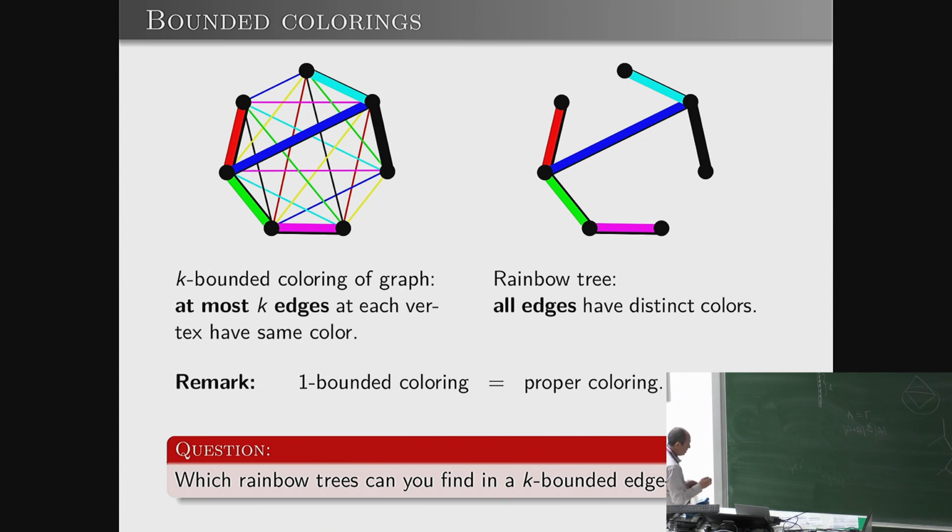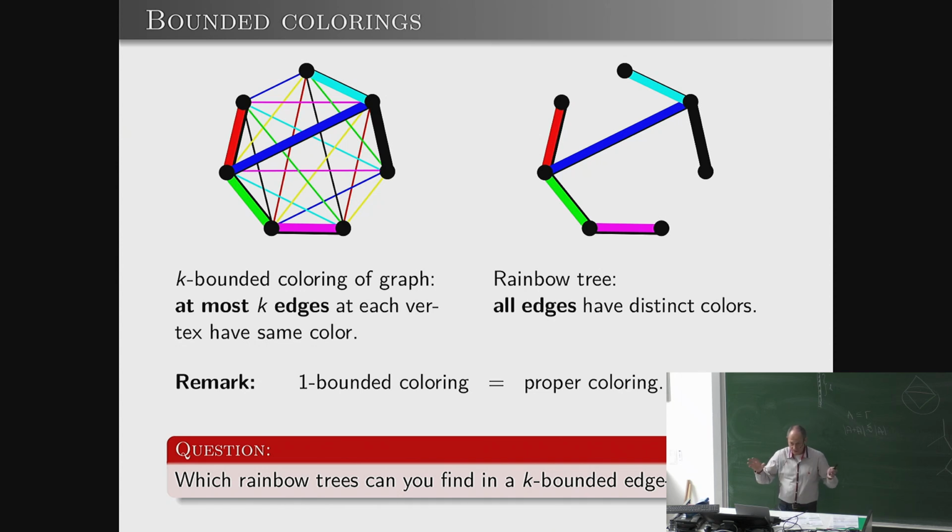The first motivation comes from the area of graph labeling. What is graph labeling? You have a graph and a group, and a labeling scheme means assigning to every vertex of the graph some element from the group in such a way that the labeling satisfies a certain condition.